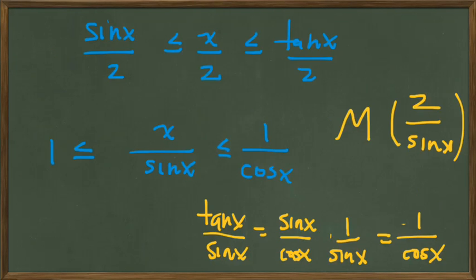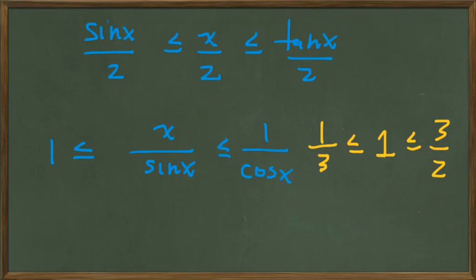But of course what we want is to have in this middle position right here sine x over x. So what we have to do is flip all three of the inequalities. So let's take a look at what flipping inequalities does to the direction of the inequalities. So this string of inequalities is a valid string of inequalities.